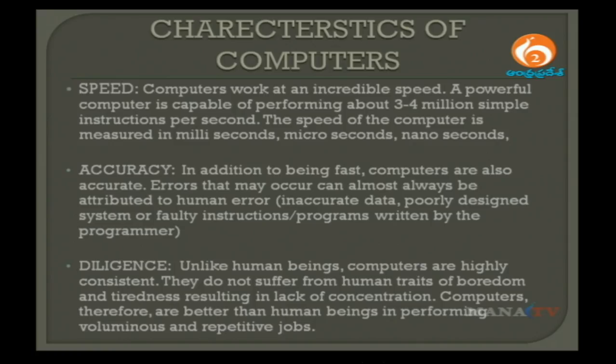So now let us go for the second thing, that is accuracy. In addition to being fast, computers are also accurate. Errors that may occur can almost always be attributed to human error, inaccurate data, poorly designed system, or faulty instructions or programs written by the programmer.